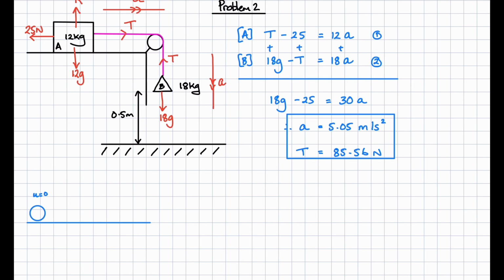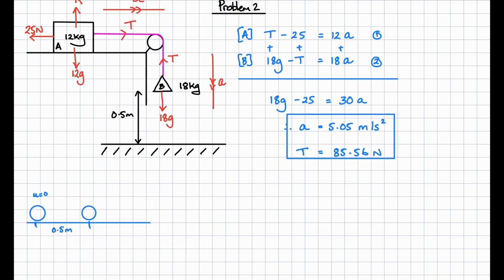As particle B descends and covers 0.5 meters, it strikes the ground. Particle A has also covered 0.5 meters, so now particle A is sitting in this position where it's covered 0.5 meters.